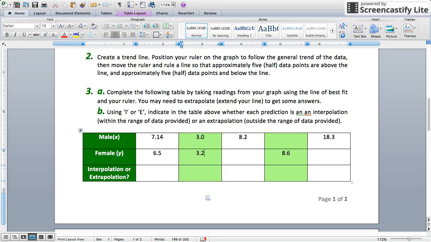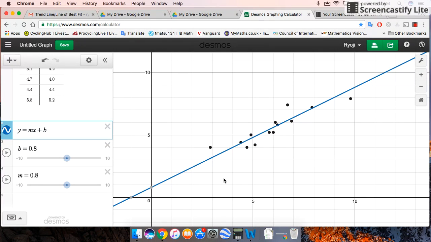Interpolation or extrapolation. So interpolation, remember, is if the data value that they're asking for falls within the data that we already have. If it's outside of the data that we have, then it's called extrapolation.